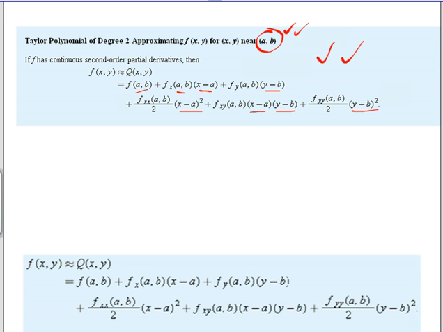Let's look at an example of that. Let's say that we've got the function, let's just think of a really easy one, x squared y cubed, and we want to center it around the point 1, 2.